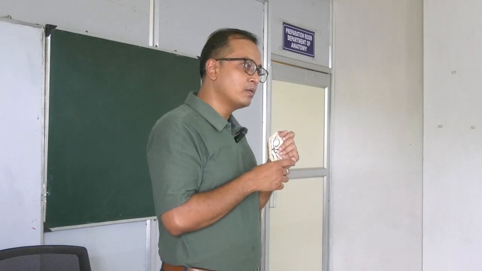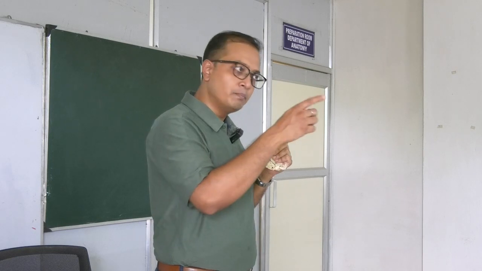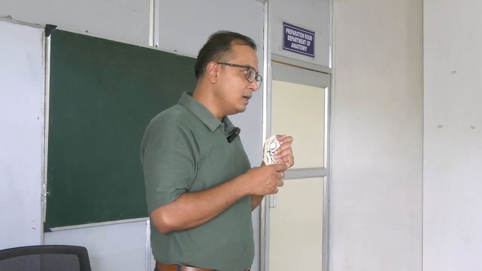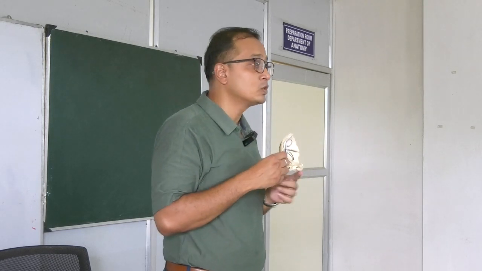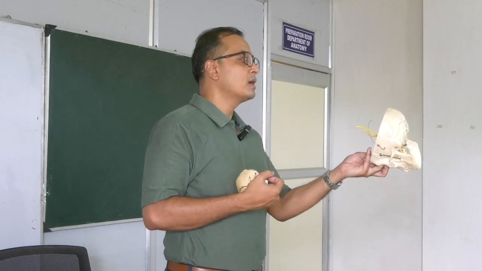Now, this particular joint, which is present between this basi-occiput and the basi-sphenoid uniting here, intervened by a cartilage, we call a primary cartilaginous joint. What do you mean by a primary cartilaginous joint? That means this is ossified. So this basi-sphenoid and basi-occiput, we cannot separate.